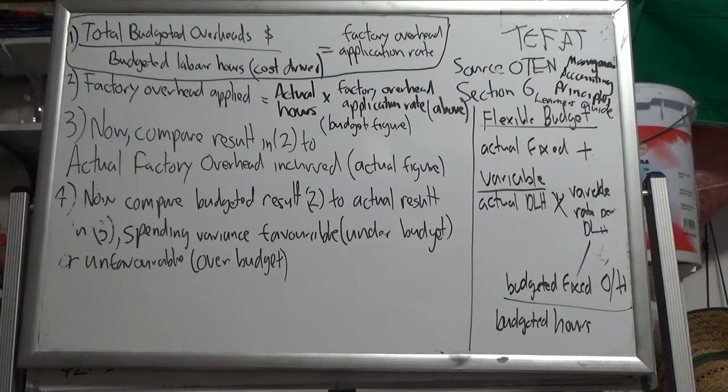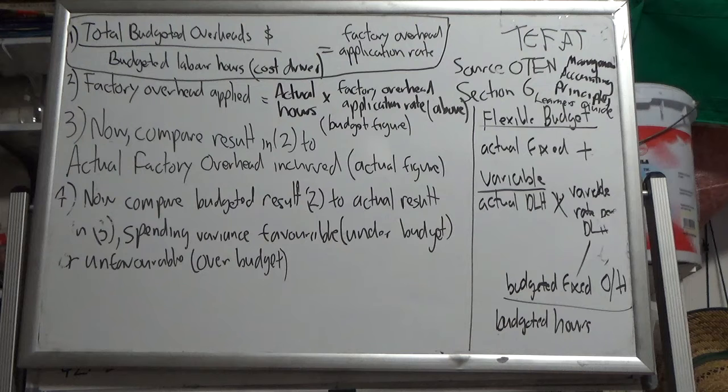Okay. So again, that second rate, not the rate on top in step 1. Another rate you use to get variable costs is your budgeted variable factory overhead, which you know from the question, divided by budgeted hours, which you're also given in the question, to get a rate.